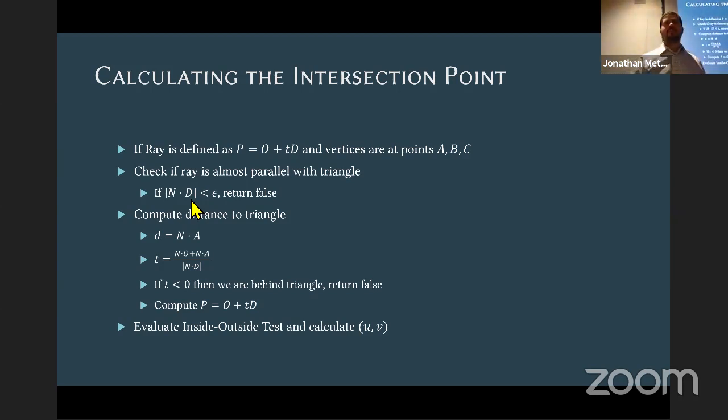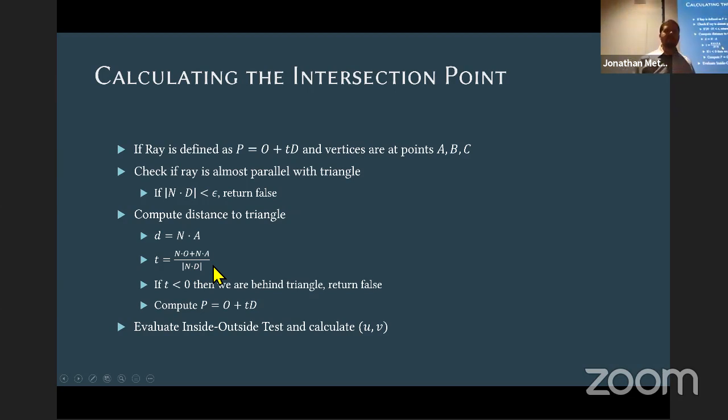Cosine of 0 is 1, and cosine of 90 is 0. So if the normal is sticking out this way and we're traveling parallel, then we're almost at 90 degrees. That means if we get down here, we're dividing by 0, okay?